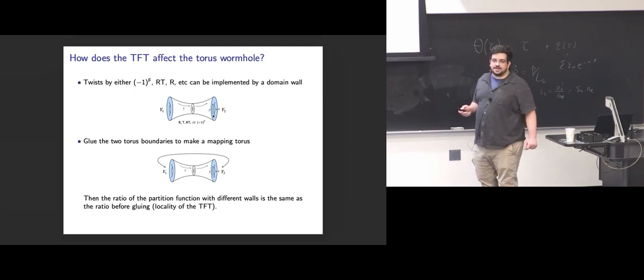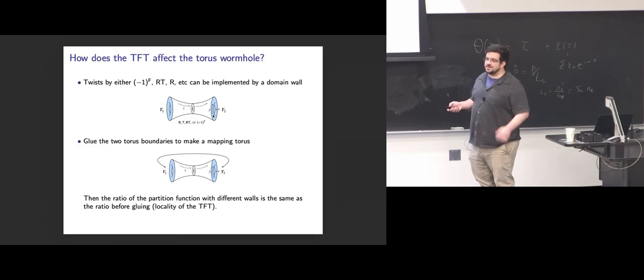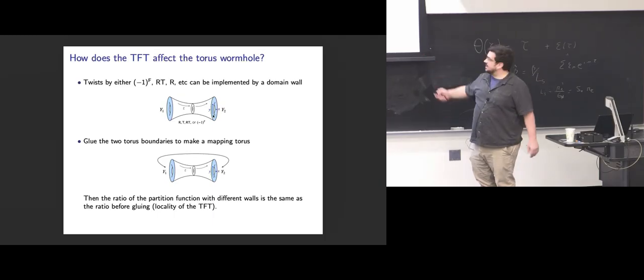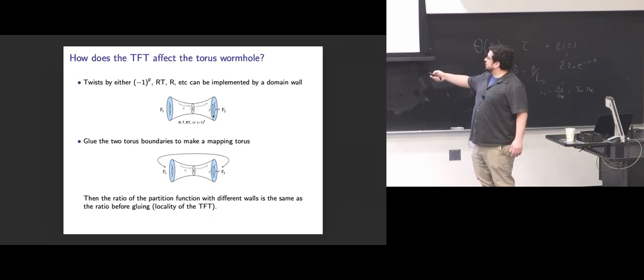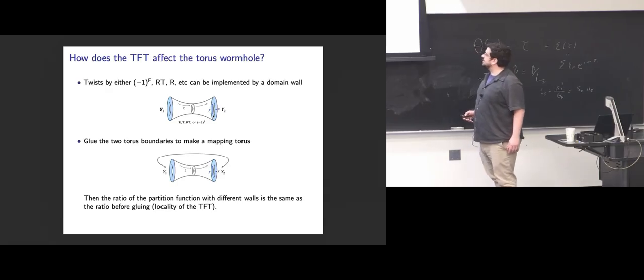This is by the locality properties of the TFTs, because if you compare different partition functions that only differ close to the domain wall, it doesn't care what happens in the boundary. It only cares about the difference between them. So whether you are relating the two wormholes before or after you glue the boundaries, the TFT doesn't care, so this ratio is the same.